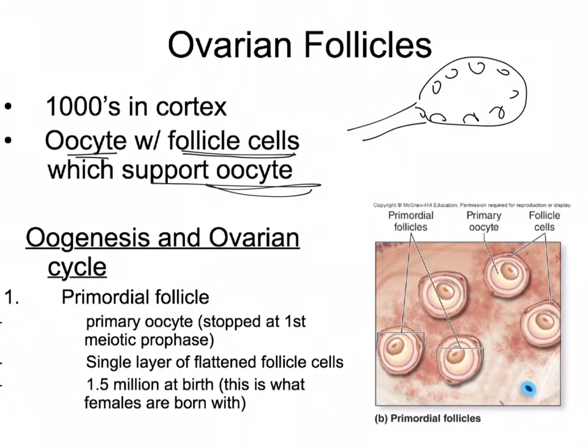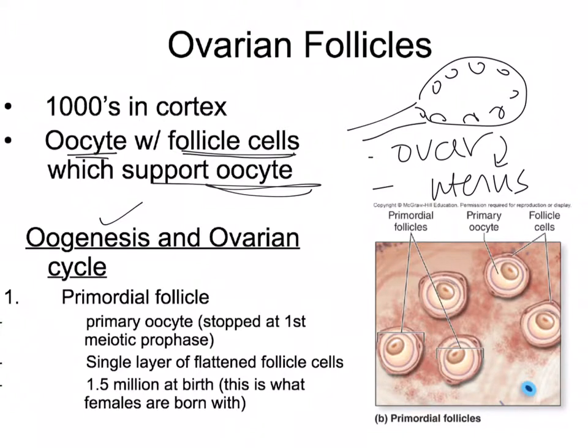The development of the egg is called oogenesis. And the process that the follicles go through is called the ovarian cycle. So in female reproduction, we have the ovarian cycle going on, and that controls what's going on in the uterus. So we have a uterine cycle. Those two things are linked together.